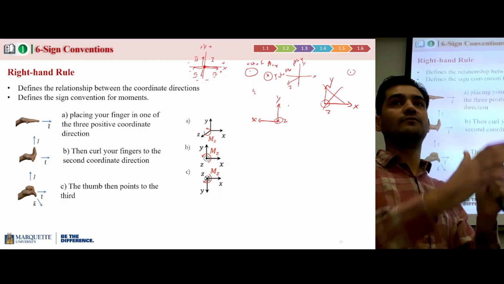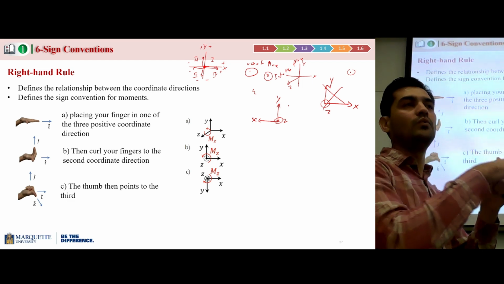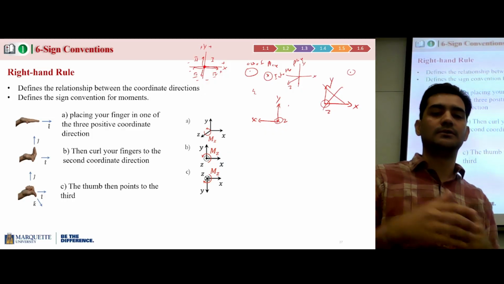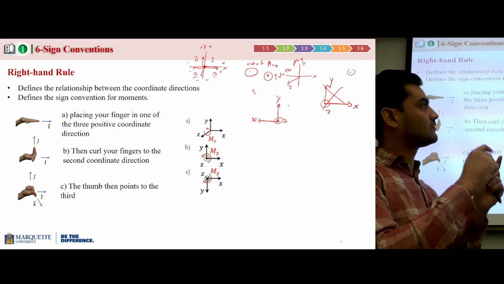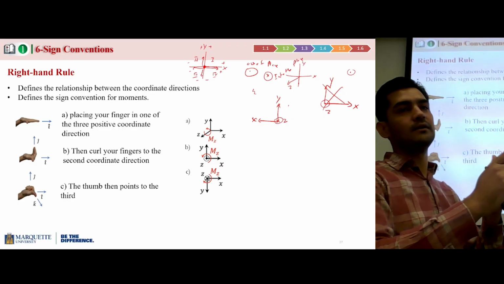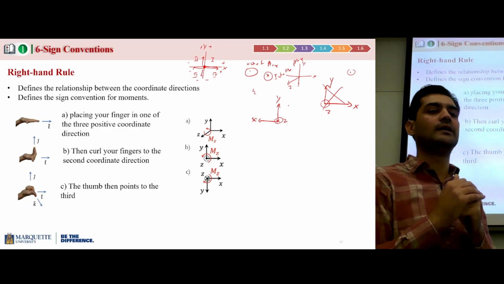If the direction of the moment and the direction of the coordinate system are the same, then the moment is positive. If the moment is in the opposite direction, then it is a negative moment.